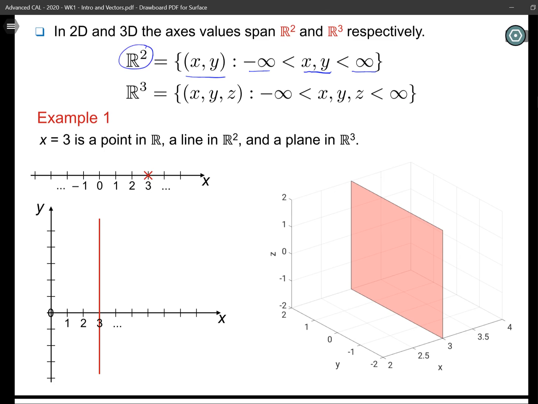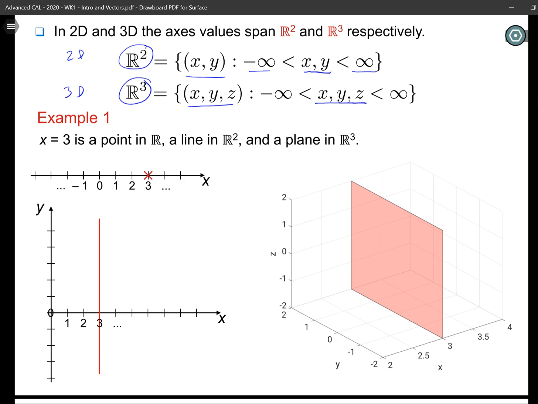Now for 3 dimensions, we have x, y, and z, and it's the same thing. They can be anywhere between -infinity and infinity, but in this case we have 3 coordinates. So we have 3 real number values that can fit in. So what we are looking at here is the set of real numbers in 3 dimensions, and we use R3 as the notation for this set.